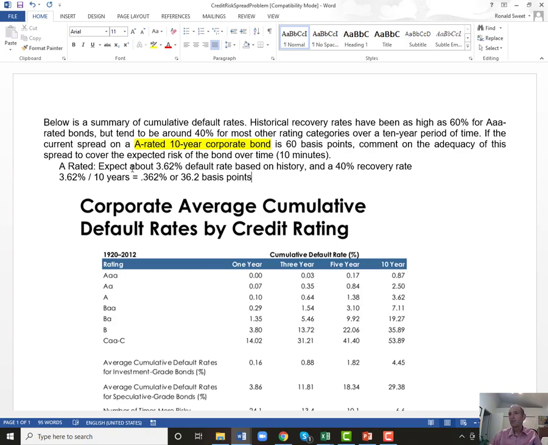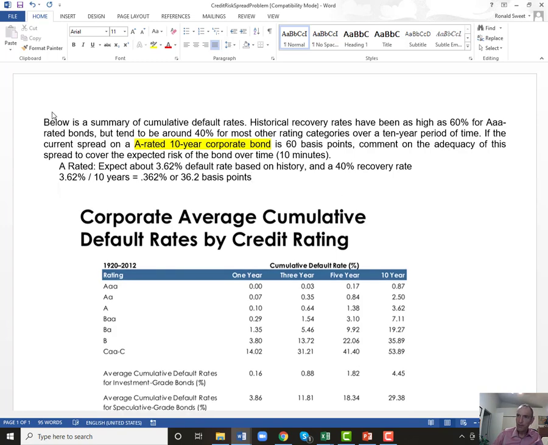All right, so a typical year, we expect 0.362% of our portfolio to default. So we're going to take 36.2 basis points times, times what?